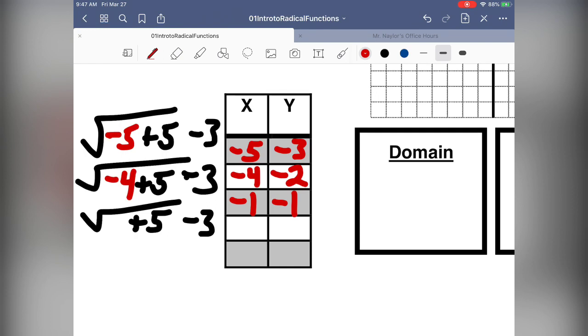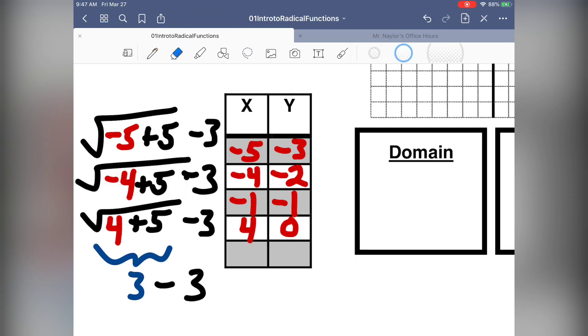Now, that doesn't mean I plug in 9. It means that I plug in 4. So I'm going to get the square root of 9, which comes out to be 3. And of course, after we subtract 3, we'll end up getting 0. So I plugged in 4 so that I could get 9, which turned out to give me 3 minus 3.